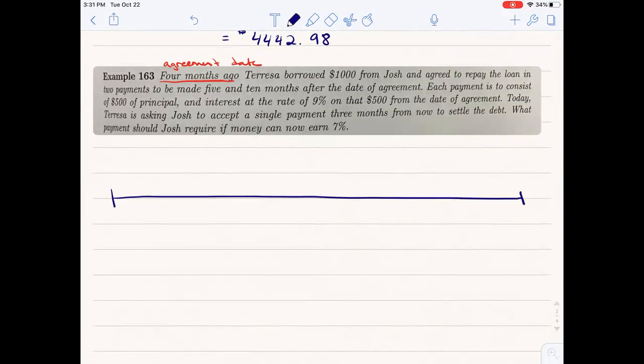So I'm just going to put them on here equally, or try to equally space them out. I'm going to give myself a little bit more room over on this end.